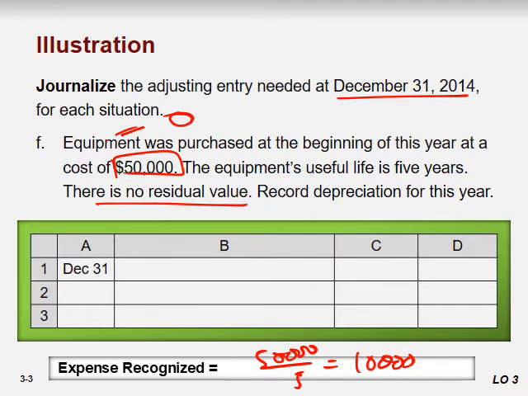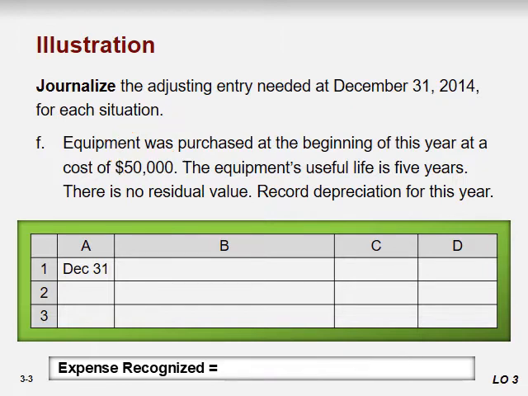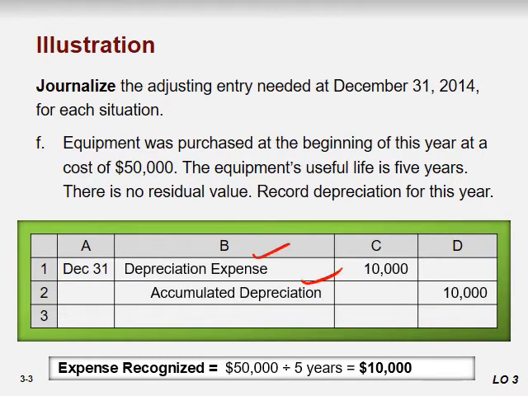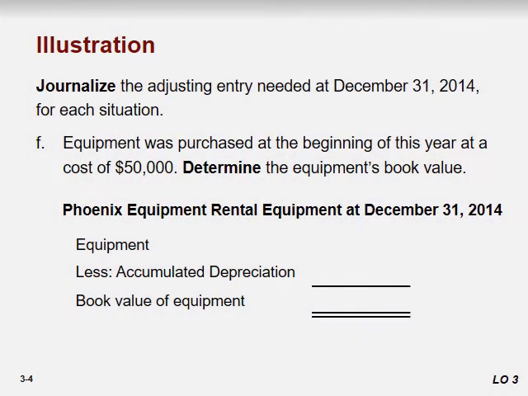When you record the depreciation, what is the entry? Depreciation expense to accumulated depreciation, right? So let me just remove it and see the answer here. Depreciation expense to accumulated depreciation 10,000. And how are we going to show our assets? So we have F. Remember, we are adjusting the entry for 31st December 2014. Equipment was purchased at the beginning of the year for 50,000.